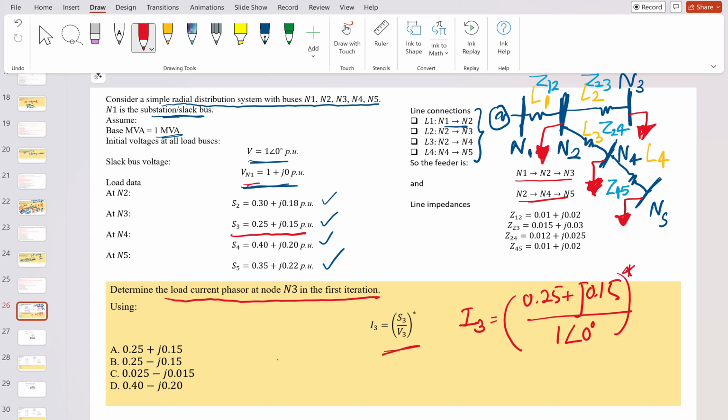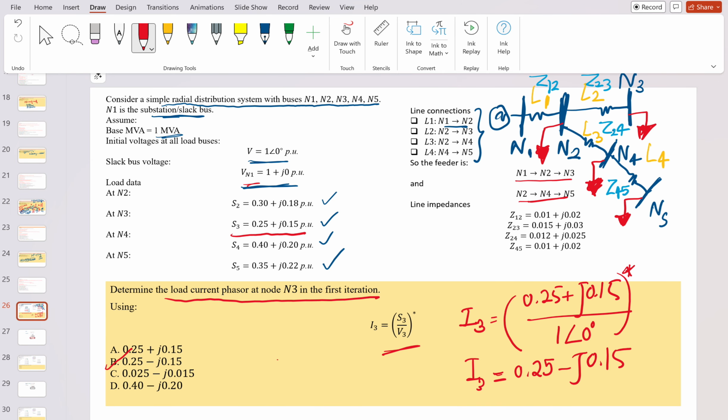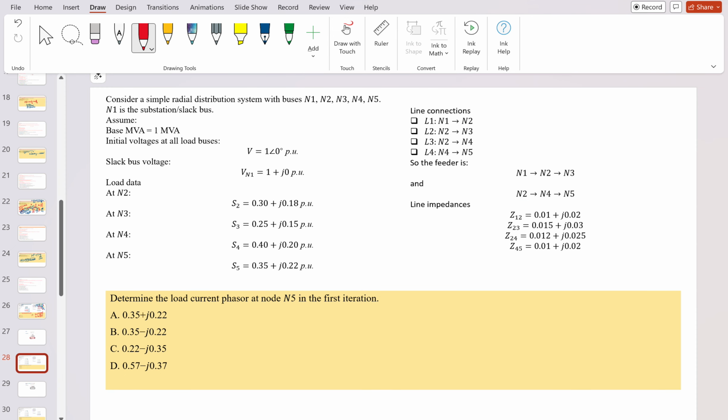When you take the conjugate, it will be 0.25 minus j 0.15, which is simply equal to I3. So I think nobody has given option B. Option B, 0.25 minus j 0.15, is correct. Let's move forward.